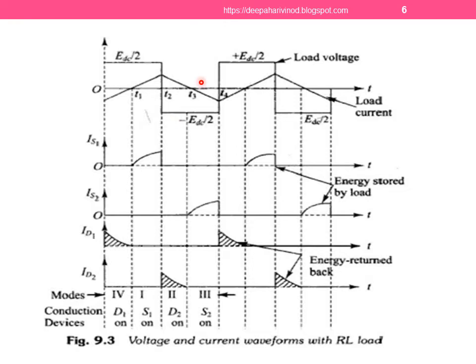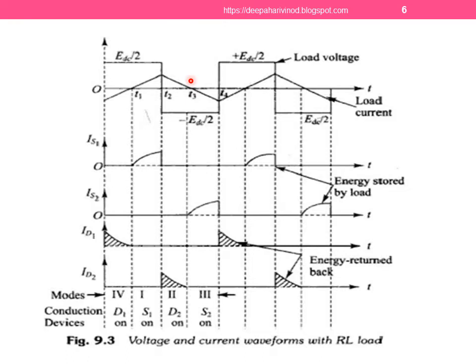Now at T3, the load current goes to 0, indicating that all stored energy has been returned to the lower half of the supply. Now S2 is again on or closed.